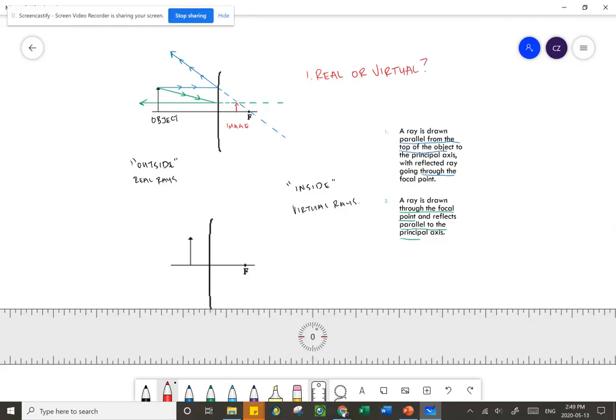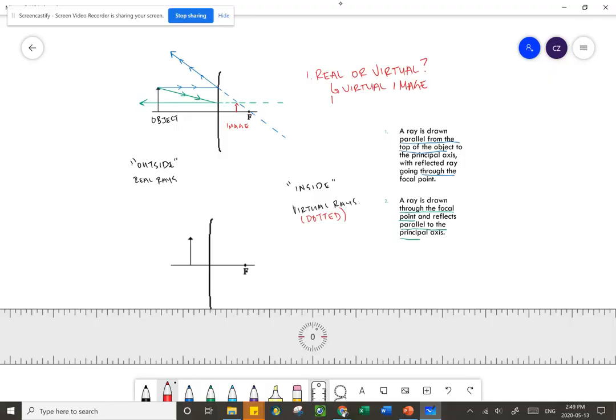Well, in this case, because the image is on the inside of the mirror, and it's made of virtual rays, those ones that are dotted, we would say this is a virtual image. This is going to be one that if I actually look into the curved mirror, I'm going to see the image inside that imaginary portal.